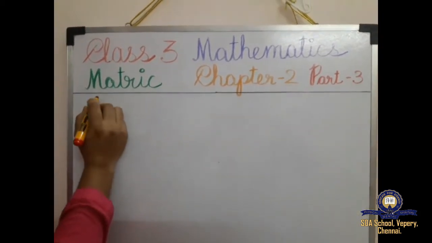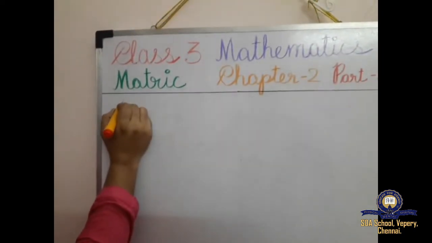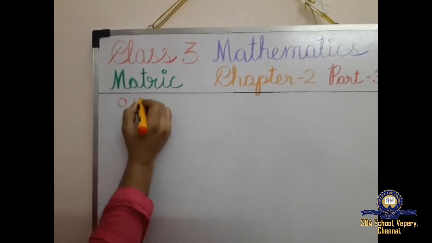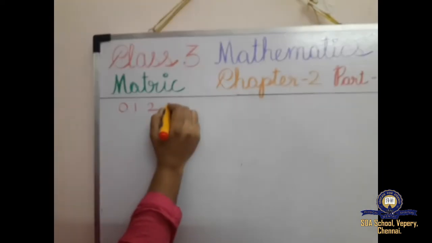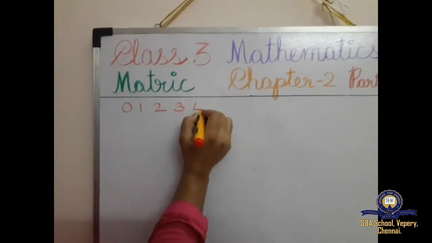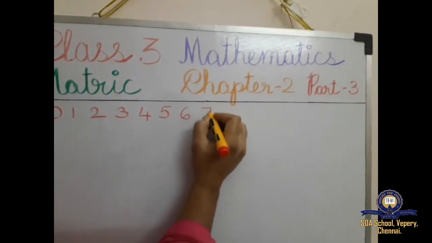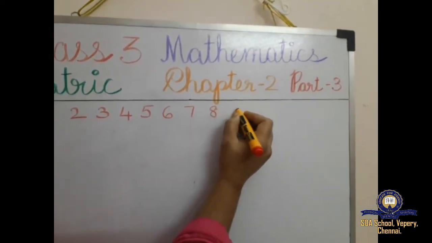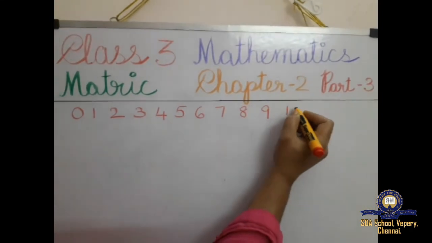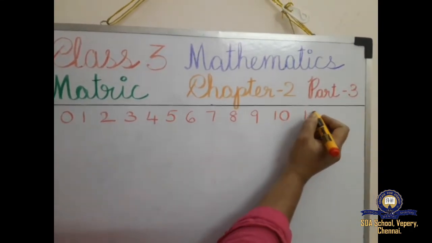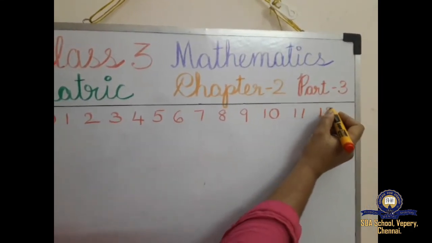First I am writing the numbers 0, 1, 2, 3, 4, 5, 6, 7, 8, 9, 10, 11, 12.